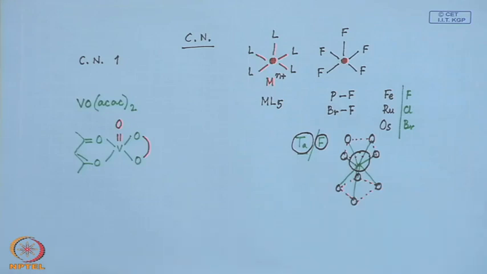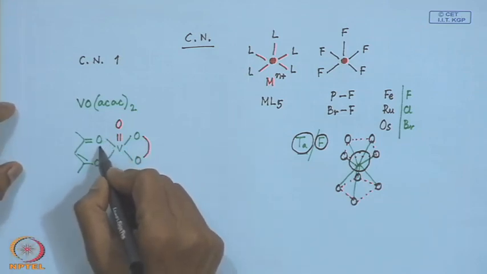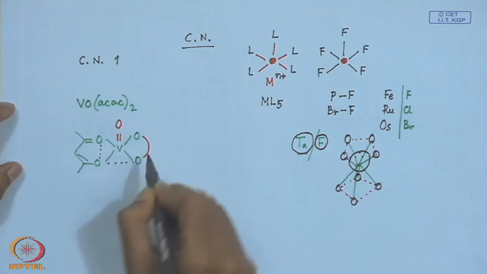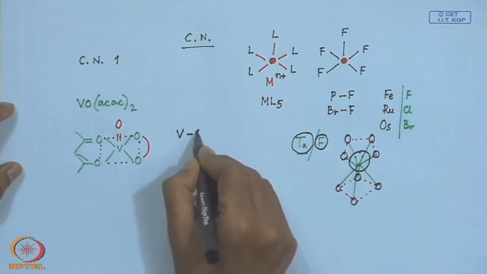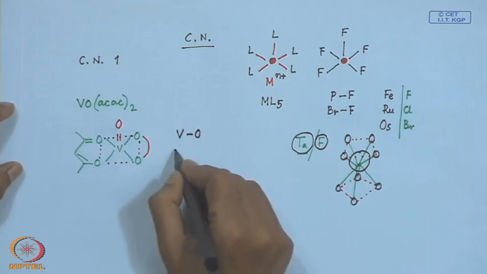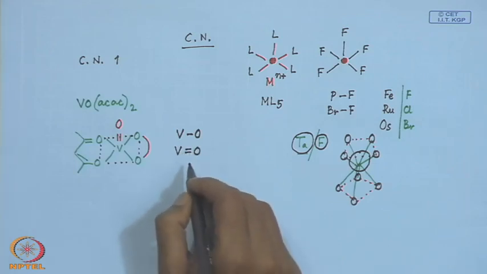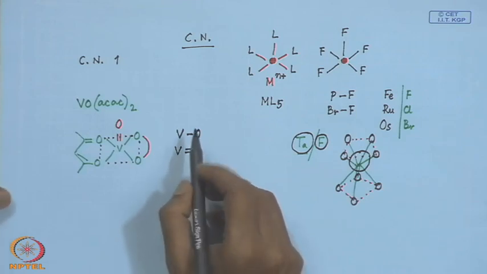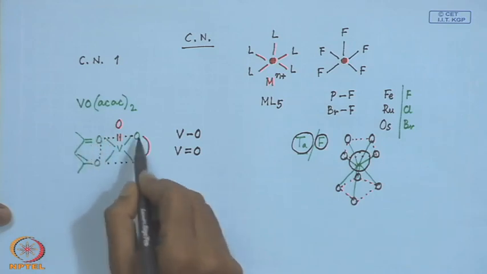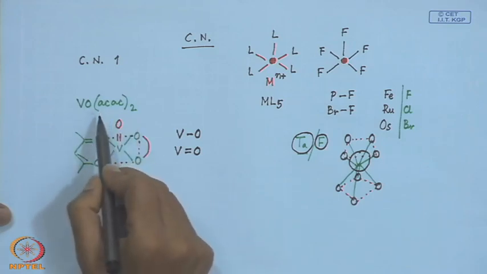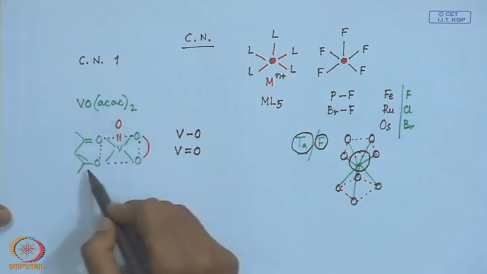This situation is very different from the others, because the vanadium-oxygen bonds from the ligands are single bonds, and one is a vanadium-oxygen double bond. So definitely this bond length will be shorter than the vanadium-oxygen single bond. All 4 oxygen atoms from the 2 acetylacetonate ligands remain in a square planar geometry.